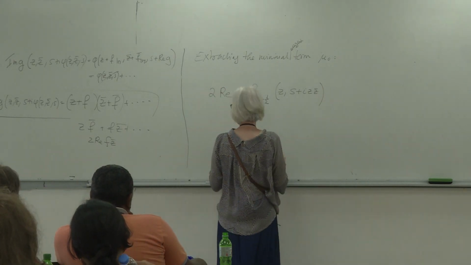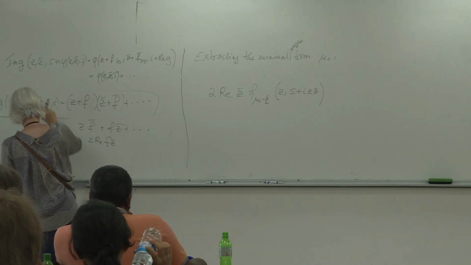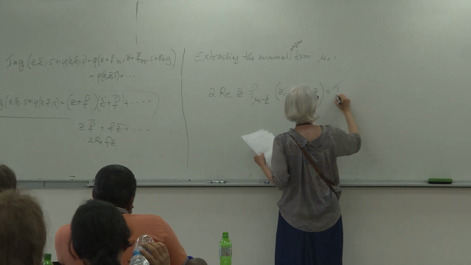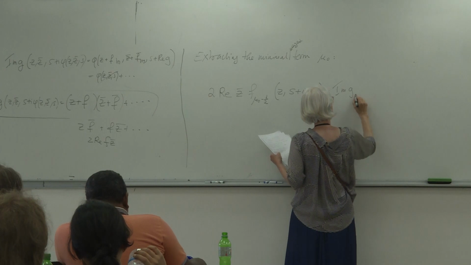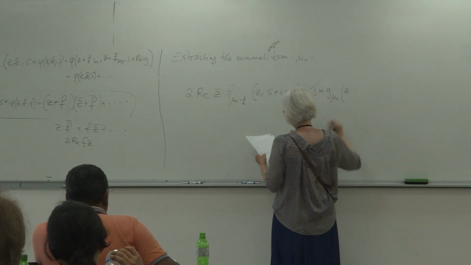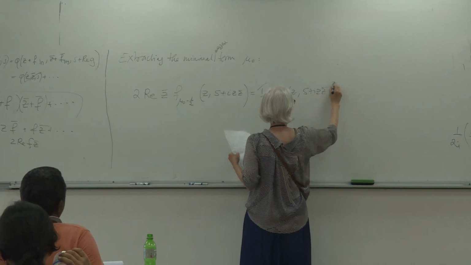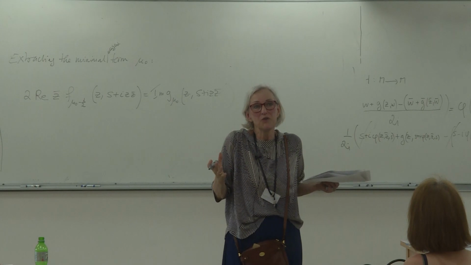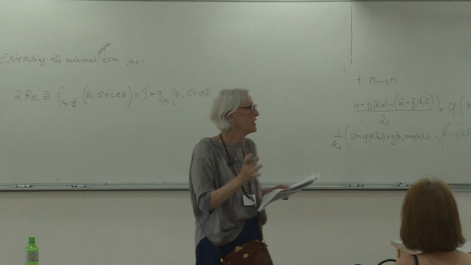And this is what you get here, the minimal term. And here, the minimal term you get is im J mu0, evaluated at Z, S plus I Z bar. Because if you plug in the different order terms, you are not in weight mu0, you will have bigger weight. So it's really what you get.